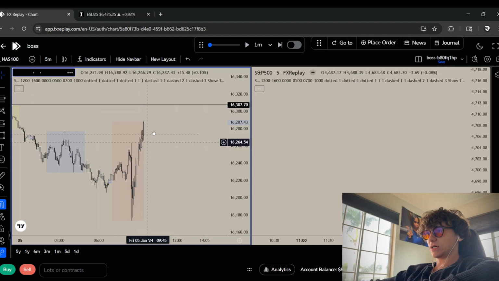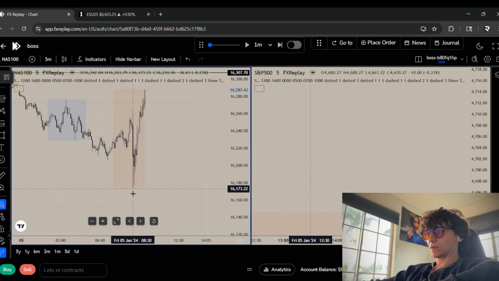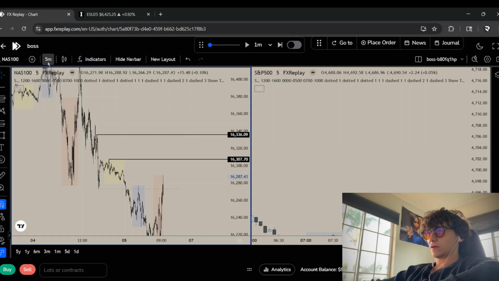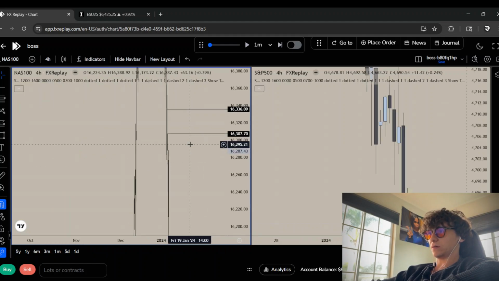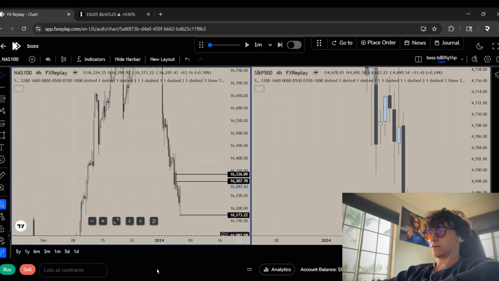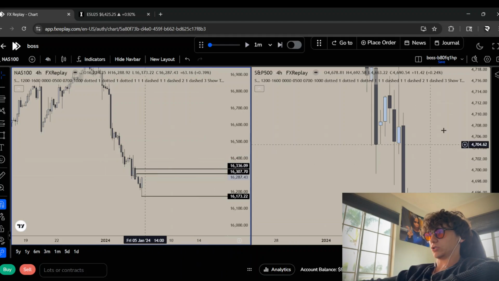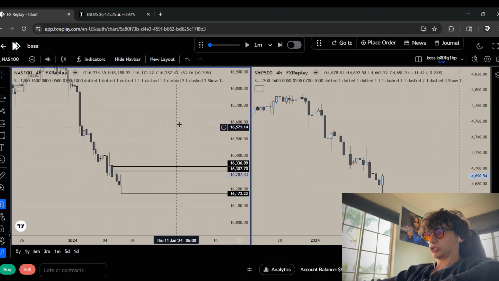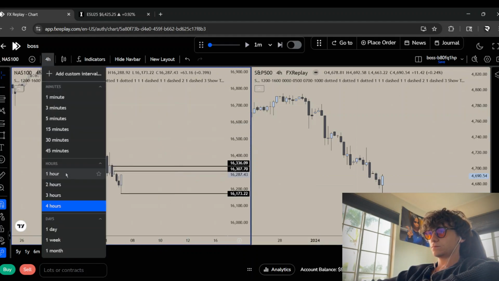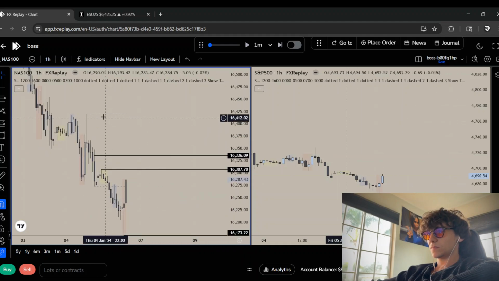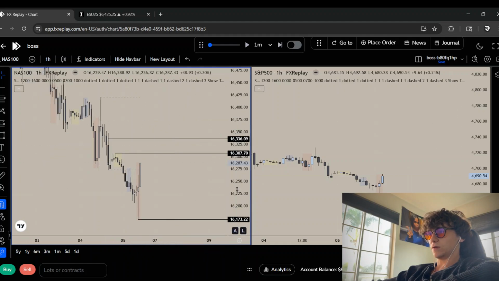Alright, we got Asian highs. Lows right there. Then I guess highs there. Let's look at the high time frame, actually. So we're within all these gaps. We're in a downtrend. Bearish. What is that dotted line?